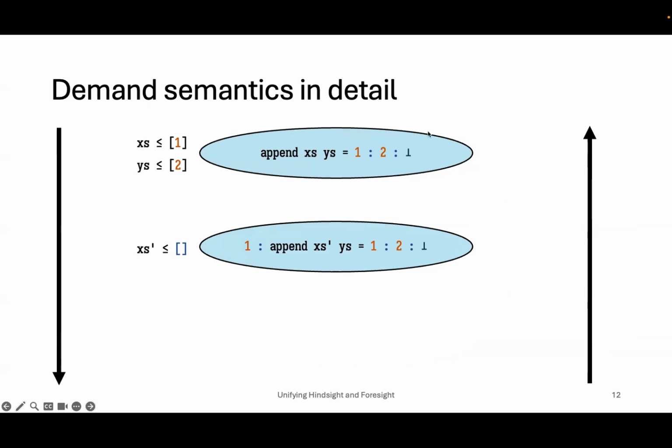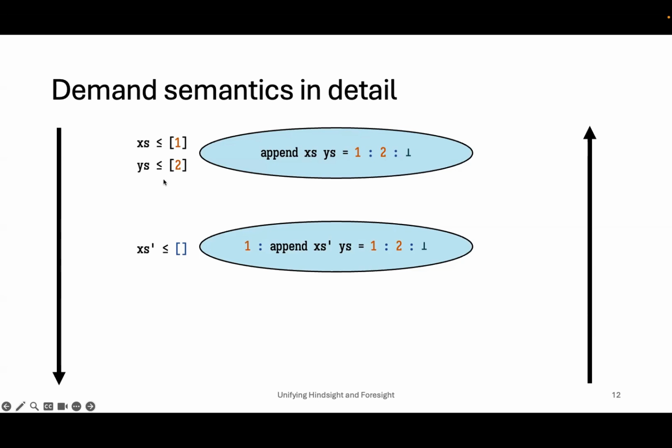Yeah, so I'm presenting it in a slightly modified form from the usual presentation. But the idea here is that the call is append. How can I put this? I know that X's is an approximation, or a demand, on some singleton list one. And I know that Y's is an approximation on some singleton list two.